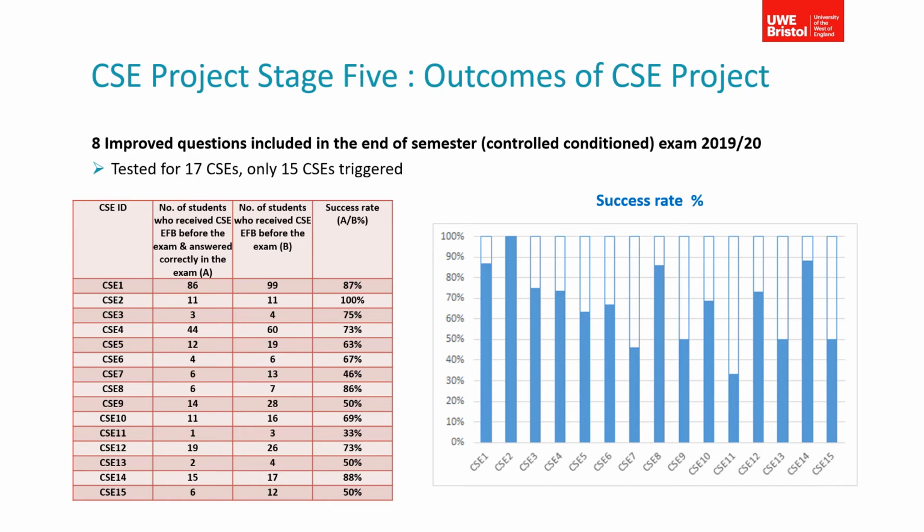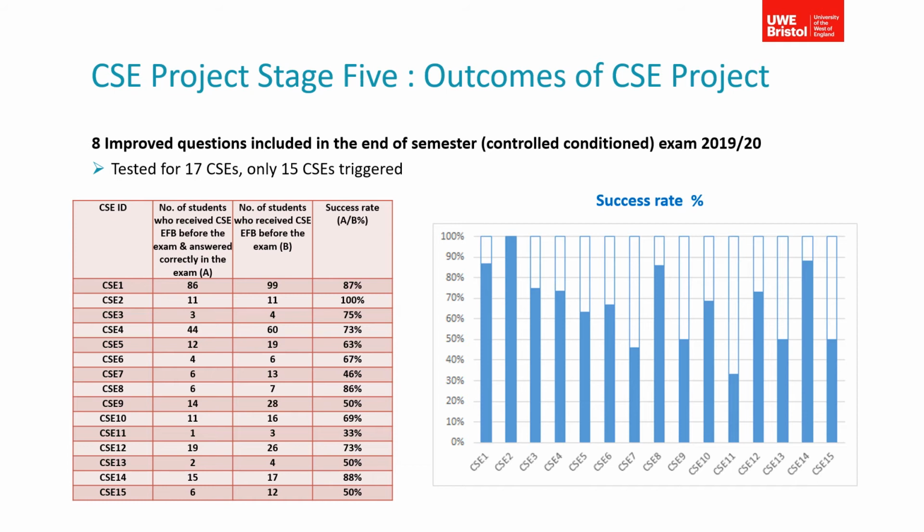We focused on those students who made a CSE before the exam in either the weekly test or the revision test, and the data can be found in this table. The third column of the table shows the number of students who received the enhanced feedback before the exam, and the second column shows the number of students who answered the question correctly in the control condition exam.